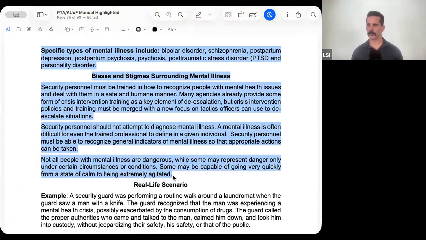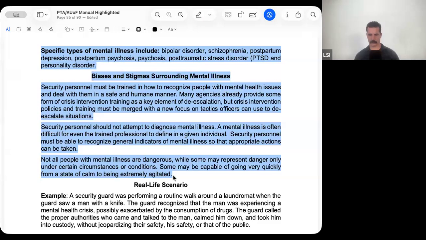Specific types of mental illness include bipolar disorder, schizophrenia, postpartum depression, postpartum psychosis, post-traumatic stress disorder, PTSD, and personality disorder. Biases and stigmas surrounding mental illness. Security personnel must be trained in how to recognize people with mental health issues and deal with them in a safe and humane manner.